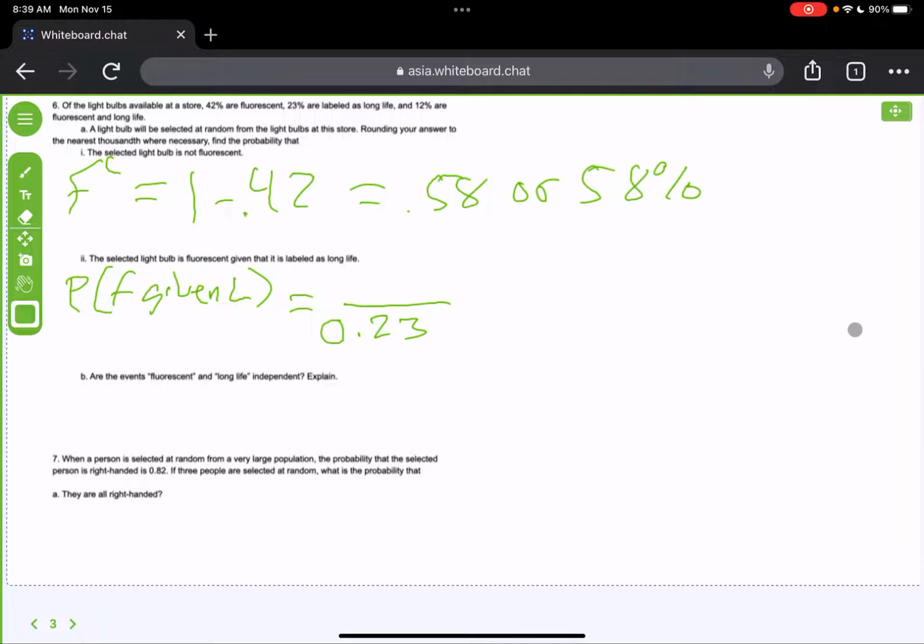Okay? And it tells us that 12% are fluorescent and lifelong. So we're going to put that on top. 0.12, that's about half, right? 0.12 divided by 0.23 is 52%. 0.522. Yeah?